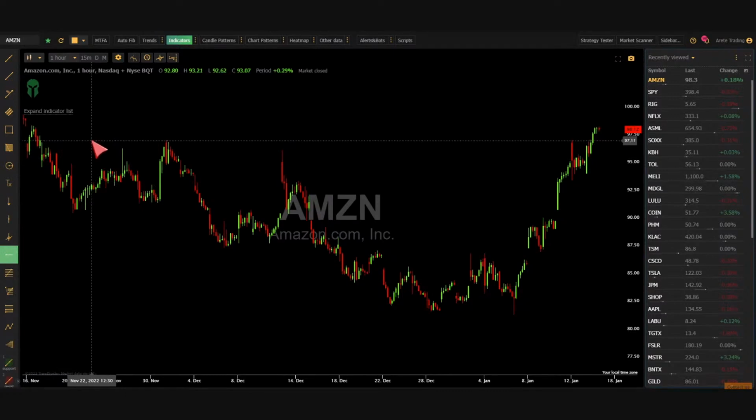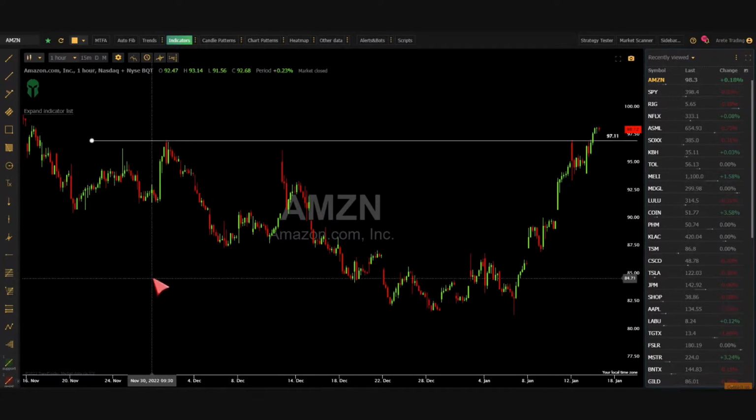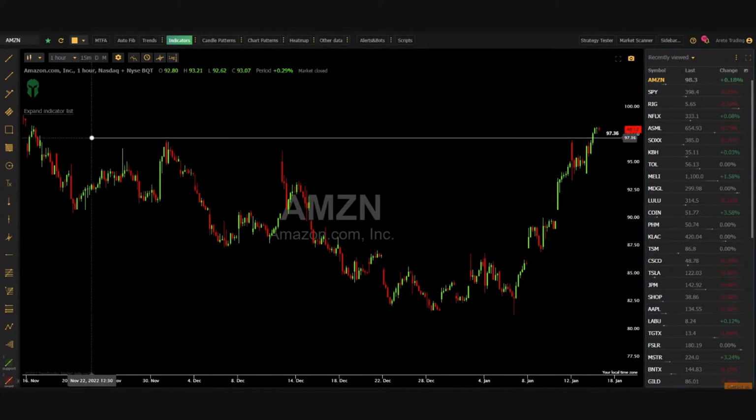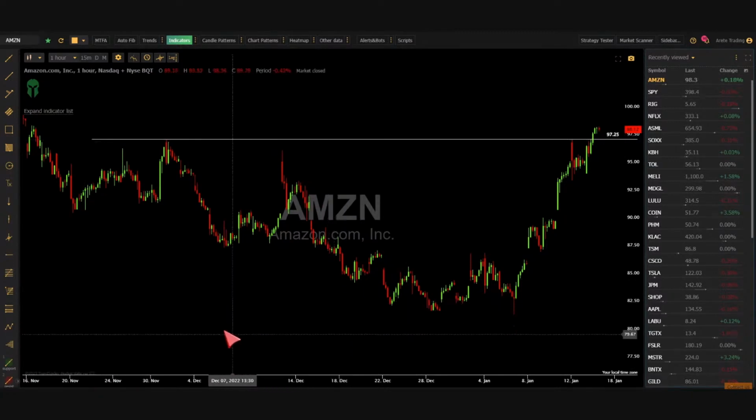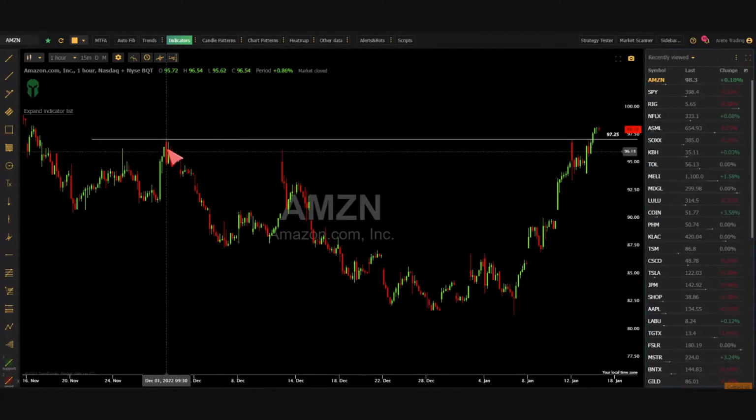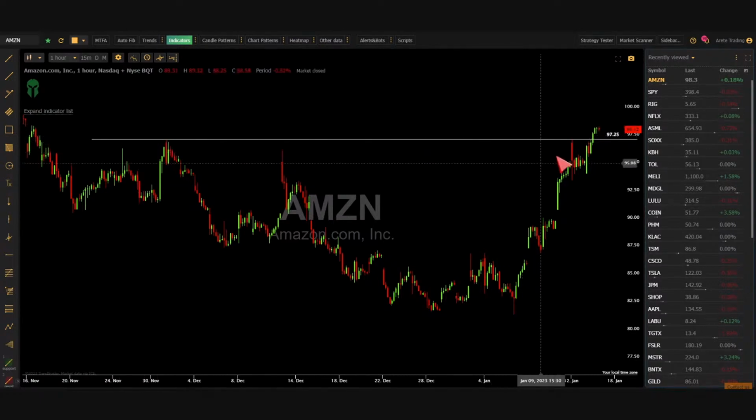There we go. So that you can see this level and why it was so significant to me. Let me move that up just so it's exact. And I try to be as exact as I possibly can with these levels because I think that's really where the juice is. So this to me was a resistance because we stopped right at it last time. We just stopped dead. And that's important, so I want to pay attention to that.